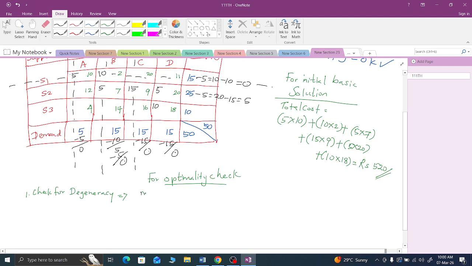There's an equation for that one: m plus n minus 1 should be equal to the number of allocated cells.